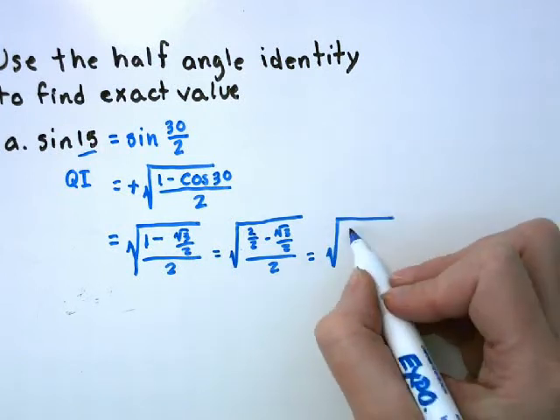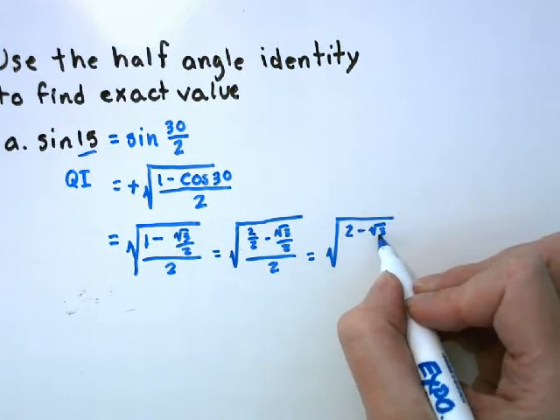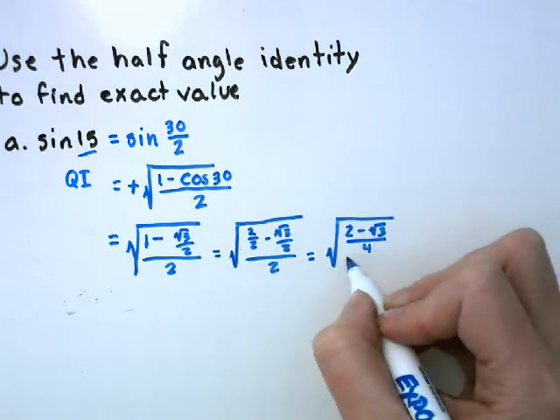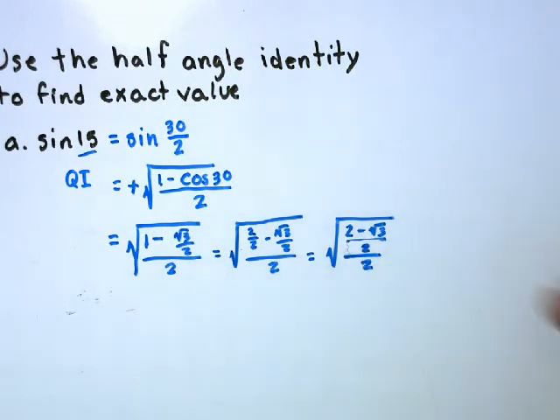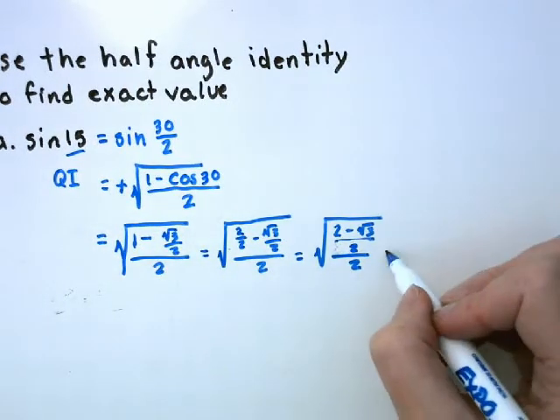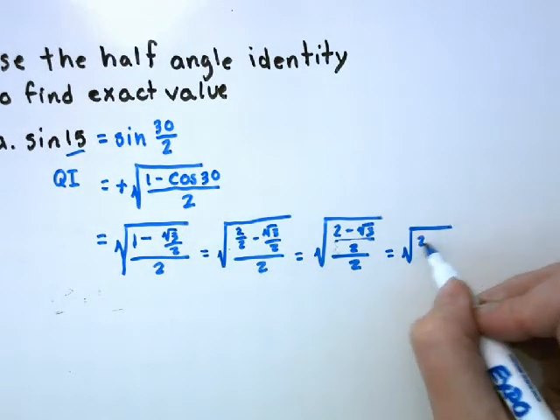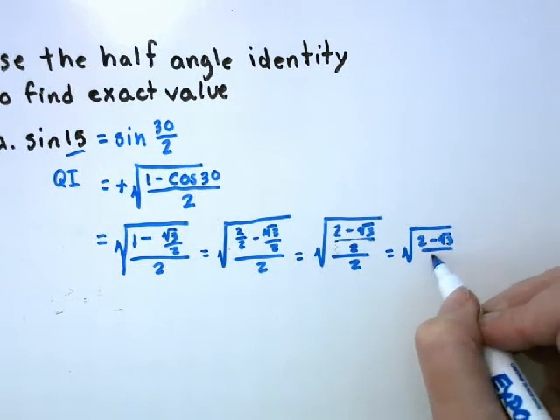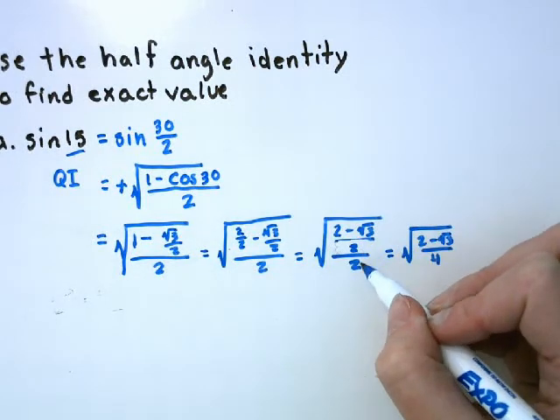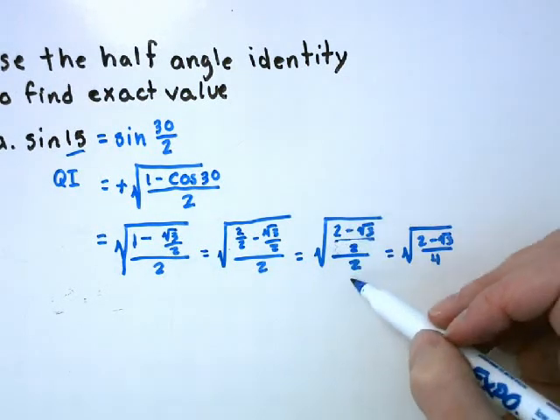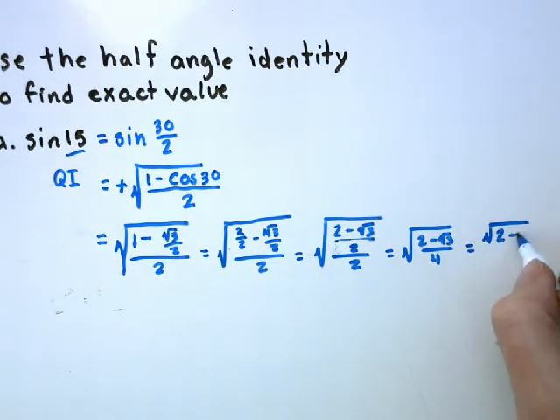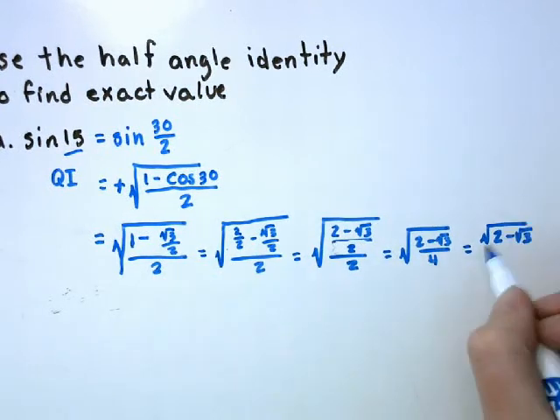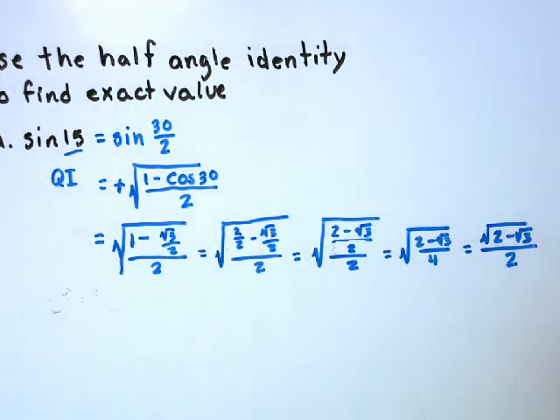So in the numerator, we're going to have 2 minus root 3 over 4, over 2 over 2, which is going to turn into 2 minus root 3 over 4, because I've got 2, and then I've got the 1/2, and we're dividing by 2. So this will be 2 minus root 3 over 2.